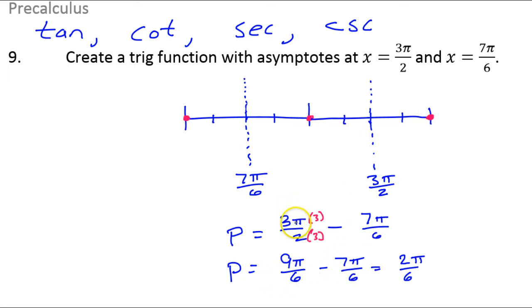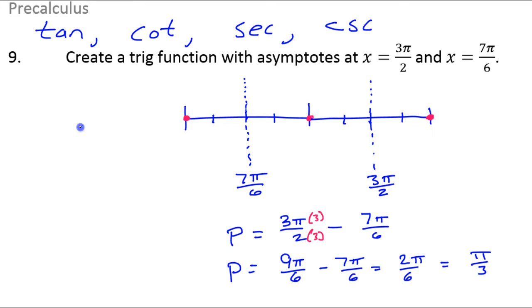So if I do 3 pi over 2 minus 7 pi over 6, with like denominators, that's 9 pi over 6 minus 7 pi over 6, I'm getting 2 pi over 6, which is pi over 3. So if I'm going to do a tangent function, which is what I'm working on, the period would be pi over 3. Now, the period does not show up directly inside of a tangent function.